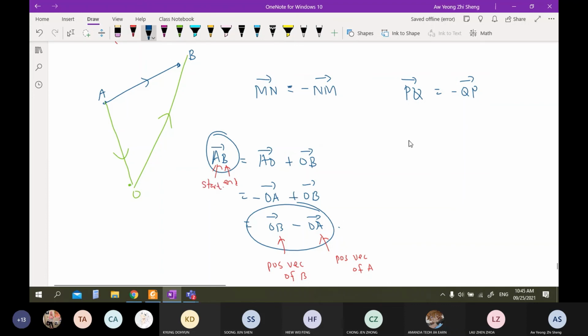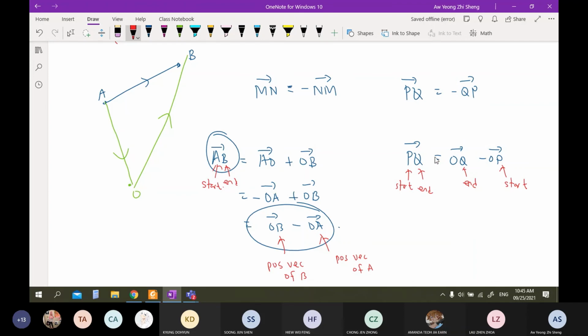Let me give you another example. PQ can always be written as OQ minus OP. It is always O to the end point minus O to the start point. Q is the end, P is the start.